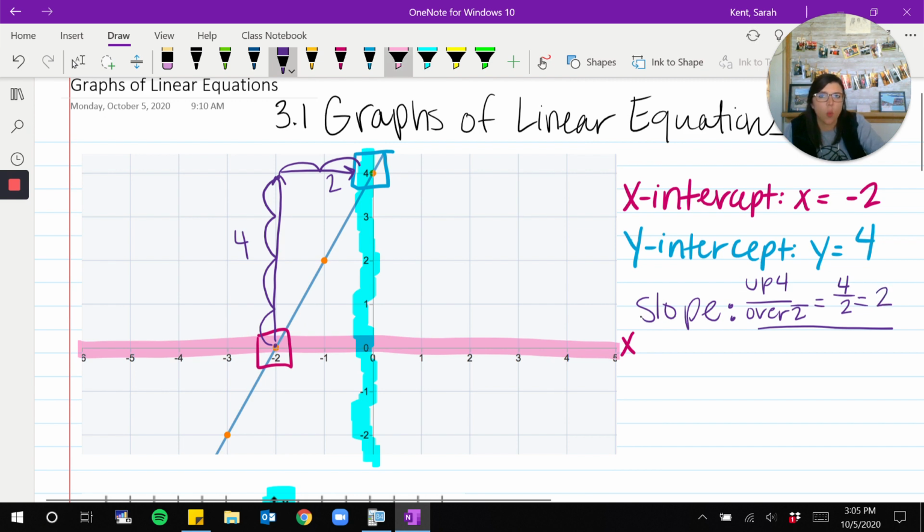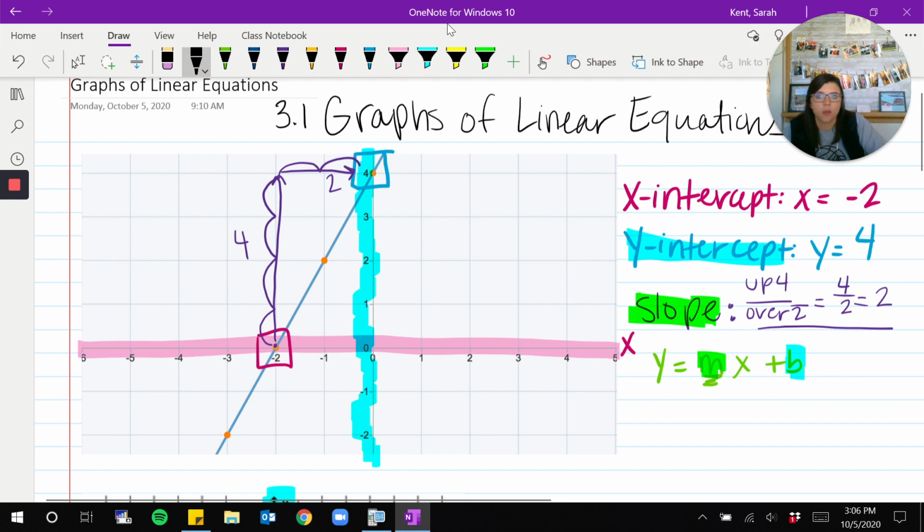So now there's one final thing we can do, and that's put this into an equation. Y equals mx plus b, where m is our slope and b is our y-intercept.